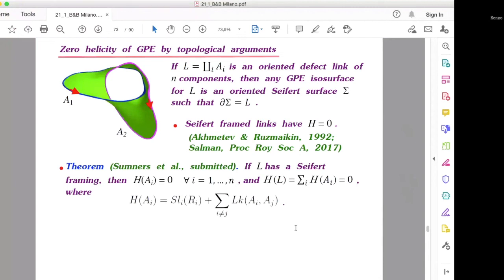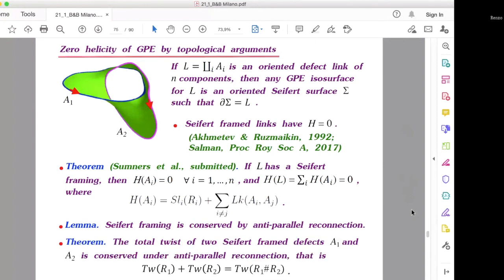And this is evident from the simulation that I just showed you. The theorem goes: the total twist of two Seifert-framed defects A1 and A2 is also conserved under antiparallel reconnection.